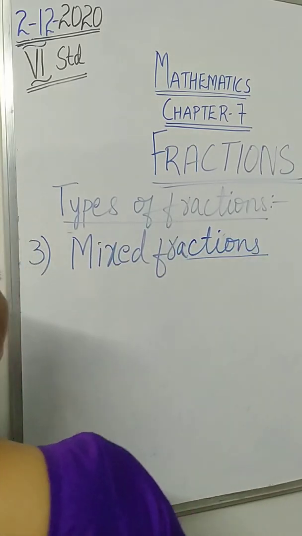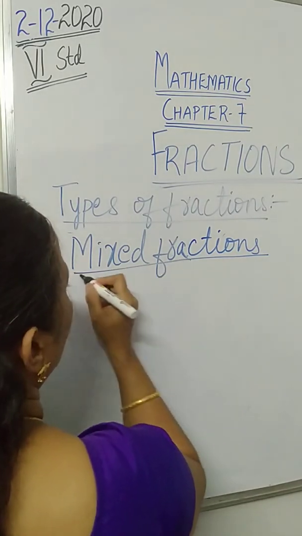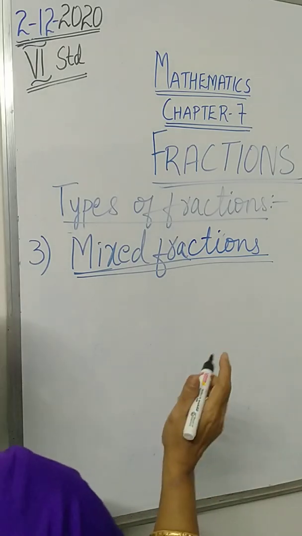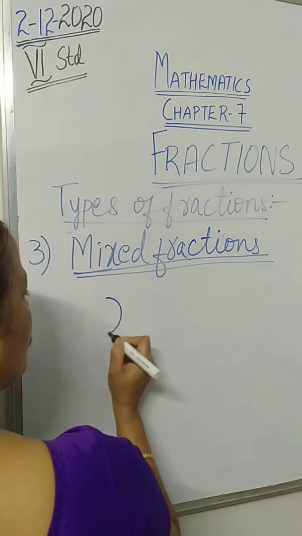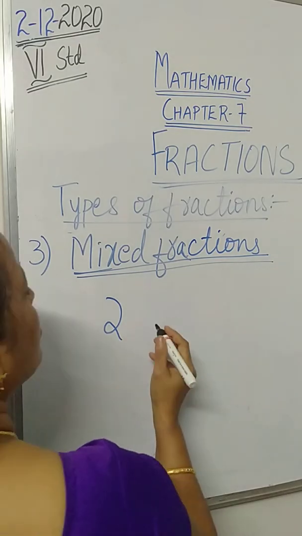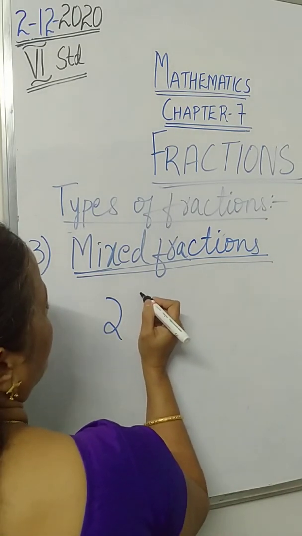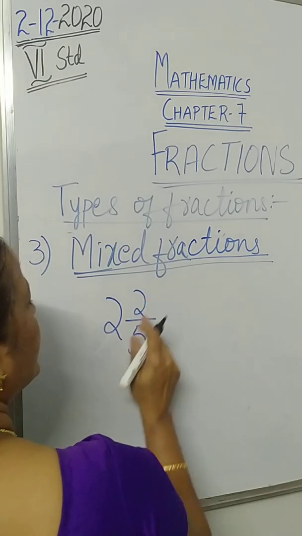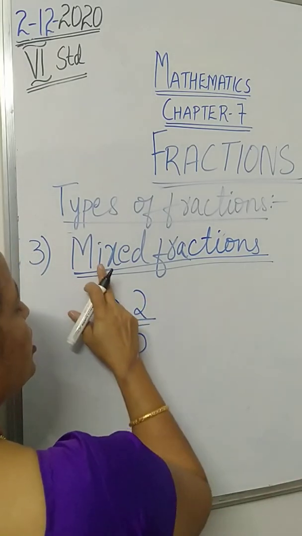Let us see. If you have a whole number, what are whole numbers? You know, from 0 all the counting numbers are called whole numbers. You have a whole number. 2 is a whole number, is it or not? And a proper fraction with it. That is, suppose you think 2 by 5. Together it is called mixed fraction.